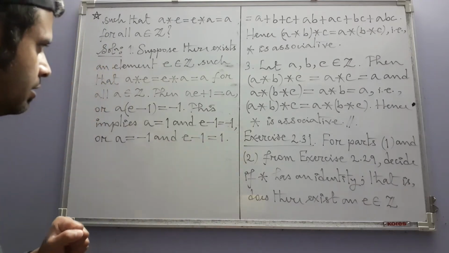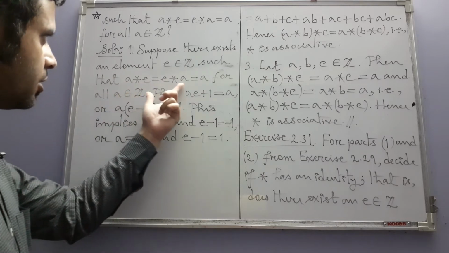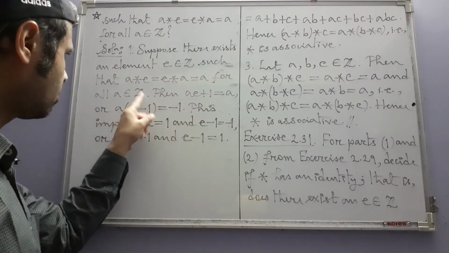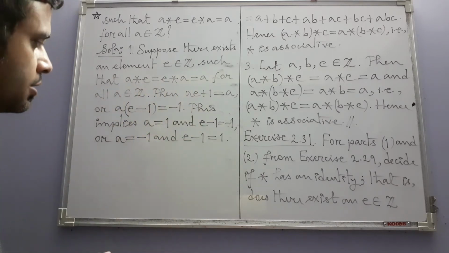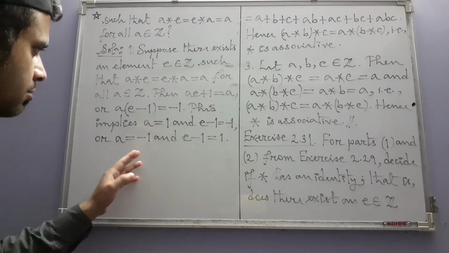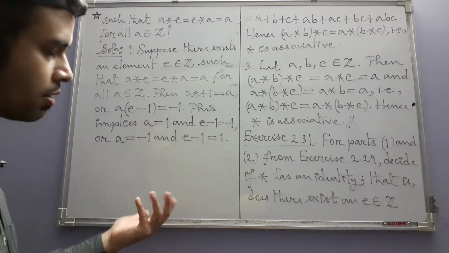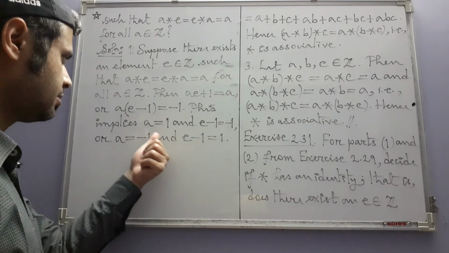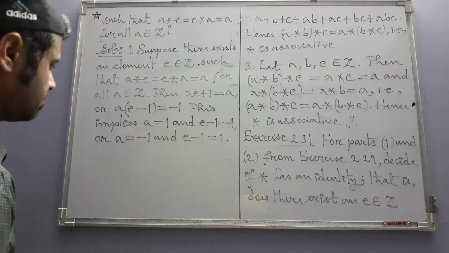But we are saying that this condition is true for all a, for all integers a. So it becomes wrong when you take an a that is neither 1 nor -1.